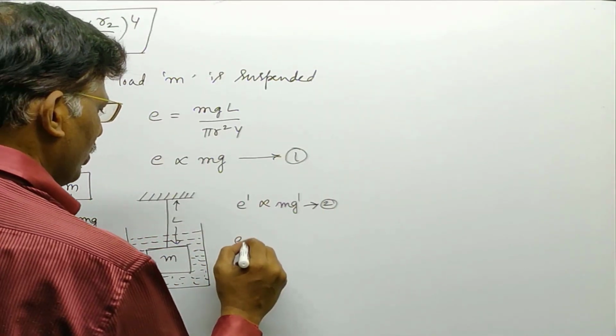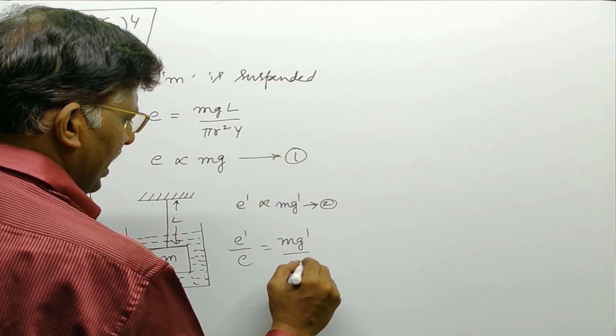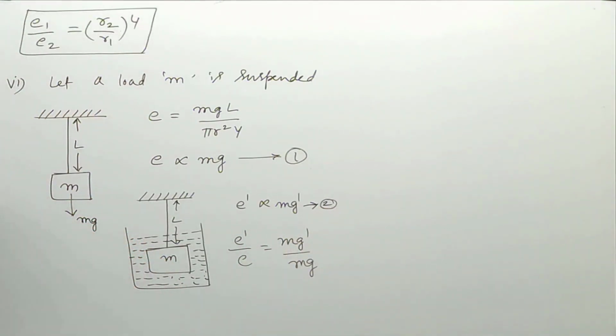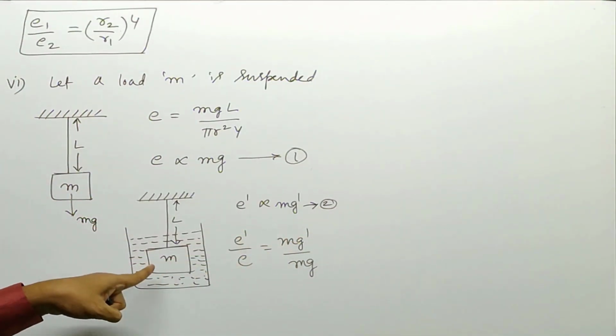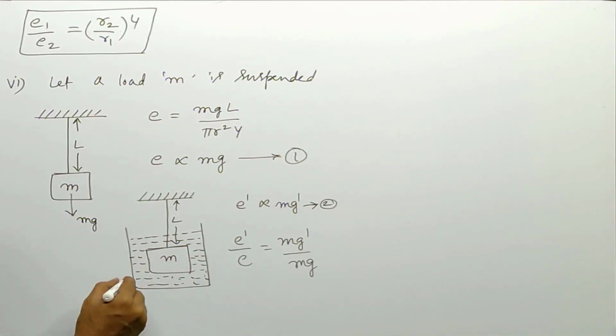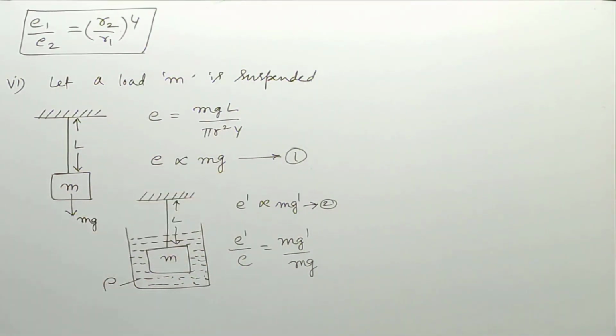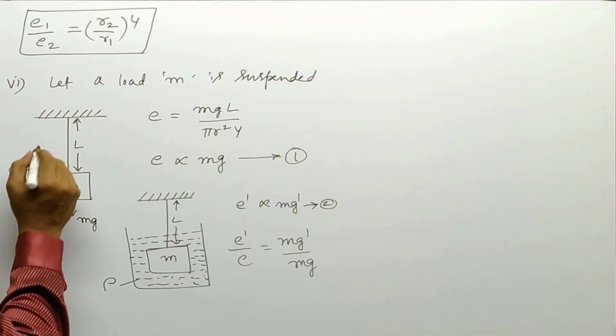From equations 1 and 2, E dash by E is equal to mg dash by mg, where mg dash is the weight of the body inside the liquid of density rho, and mg is the weight of the same body in air.